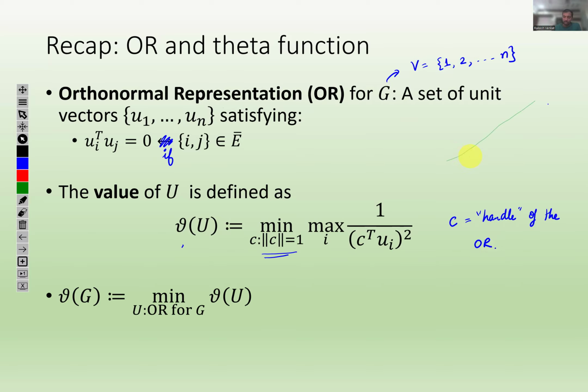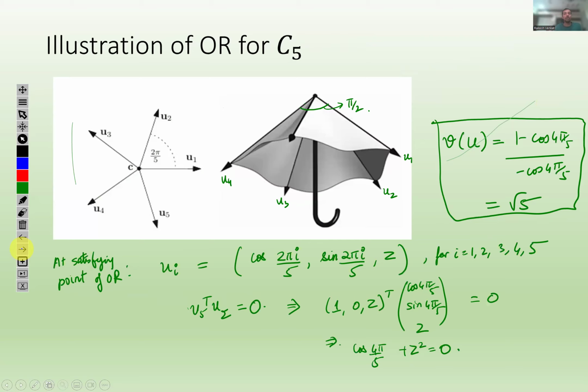Any questions? Good. Okay, so let me go ahead from here. We're going to use this definition again and again. If you recall, there was a non-trivial orthonormal representation that we had seen for C5, which was basically visualized by folding this umbrella.